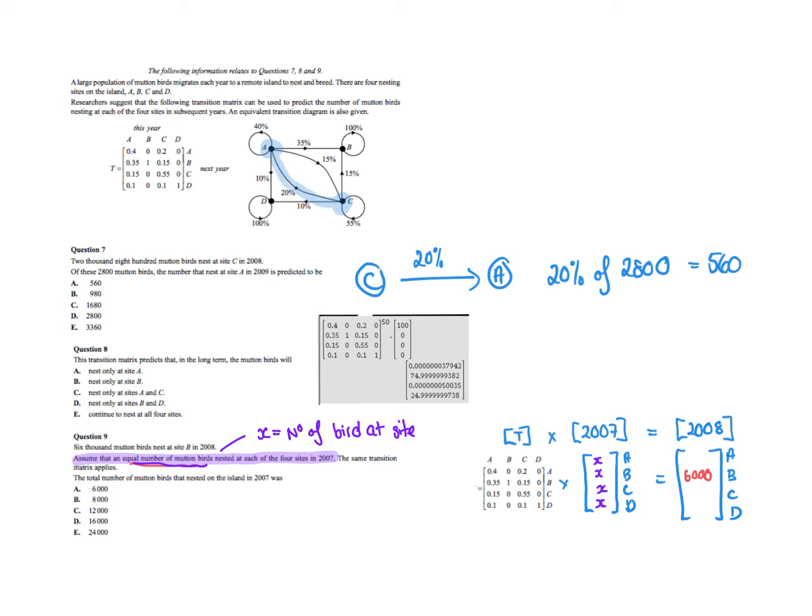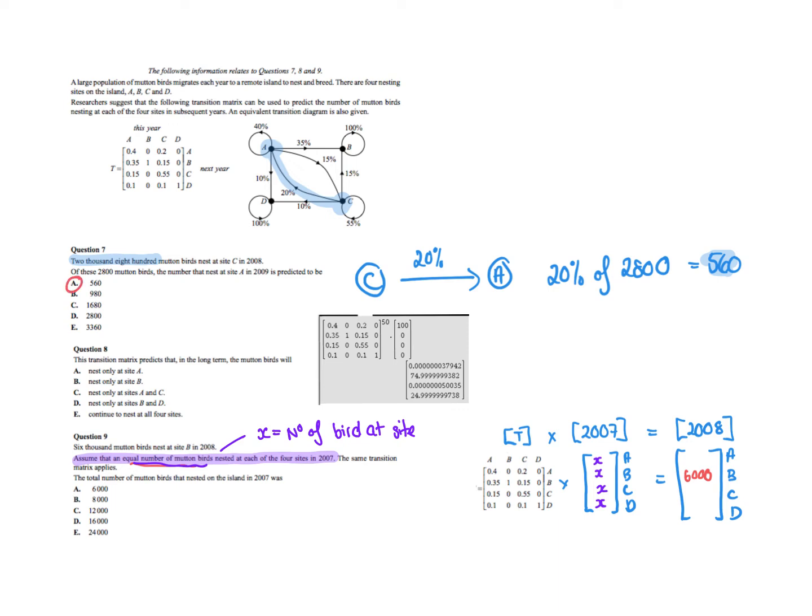Nest C to nest A is 20%. So in 2008, sitting in C, we had these 2,800 birds. So 20% of them are going to go to A. So we want 20% of 2,800. So we get 560.